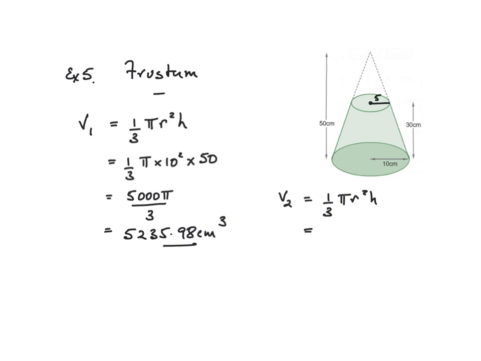So that allows us to proceed. 1/3 pi times 5 squared. Well, the next problem is the height of the smaller cone, but that shouldn't be too difficult. We know that the total height is 50 and that this is 30, so 50 take away 30 means that this distance here, the height of the smaller cone, is 20 centimetres.